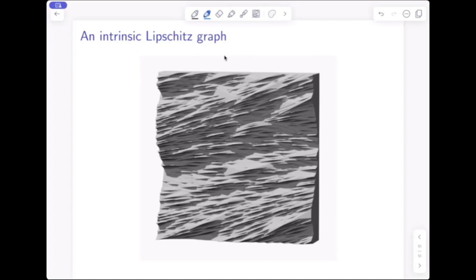And one subfield of geometric measure theory is something called uniform rectifiability and quantitative rectifiability, which is exactly these questions of how bumpy a curve, how bumpy a surface can you construct.